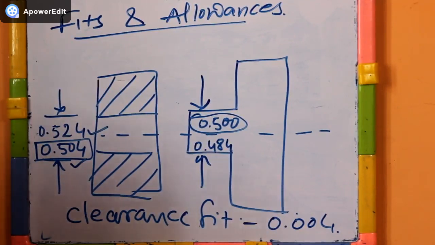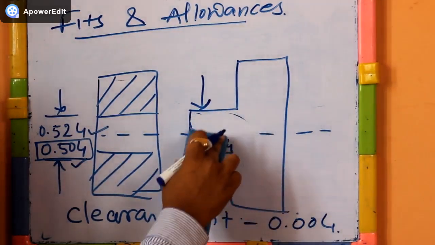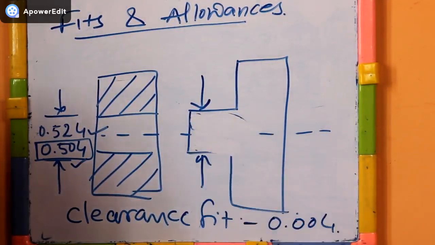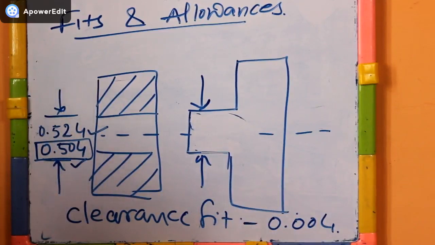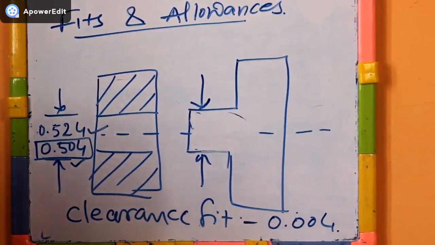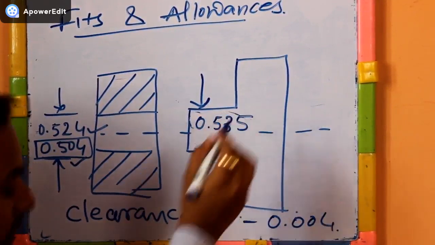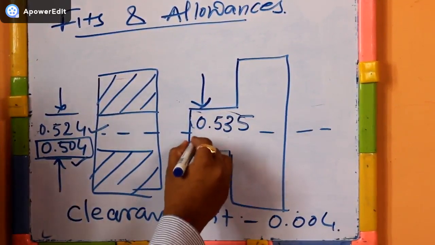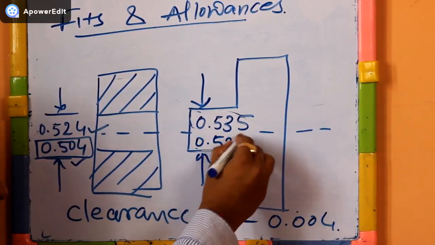So if you change the dimensions, let us consider instead of 0.500 and 0.484, here we change to 0.535 and 0.525.